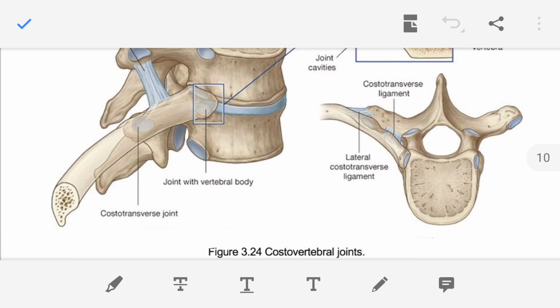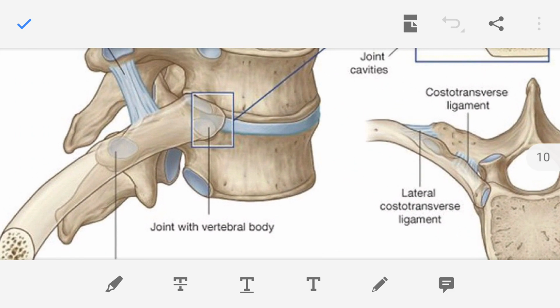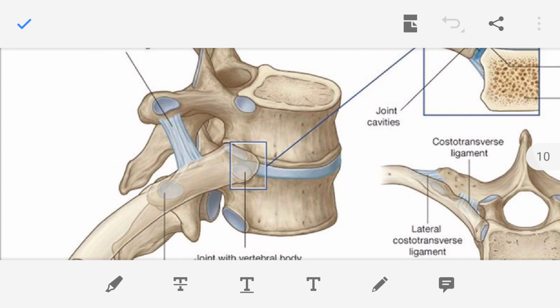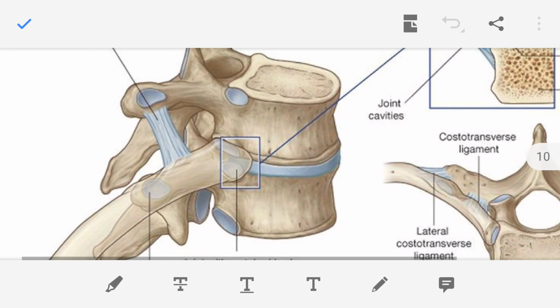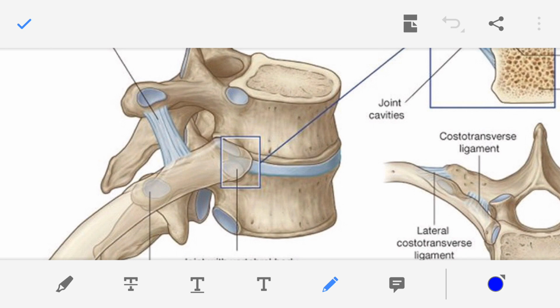And here you will get the idea. In this figure, this is the body. Okay, this is known as superior demifacet, and this one is the inferior demifacet. Here, superior demifacet, and this one is the inferior demifacet.